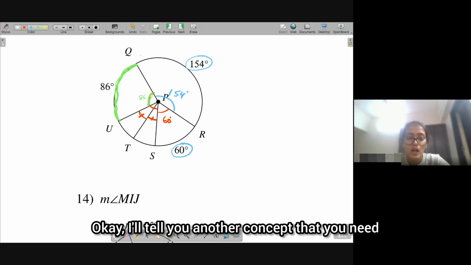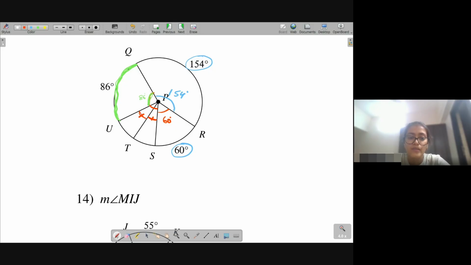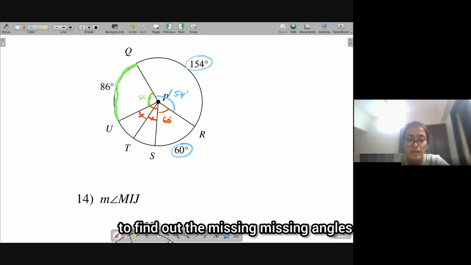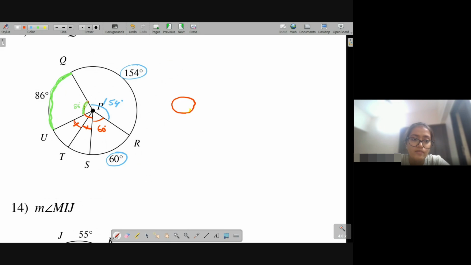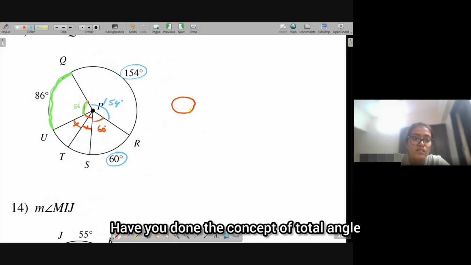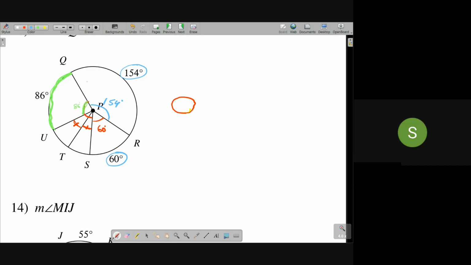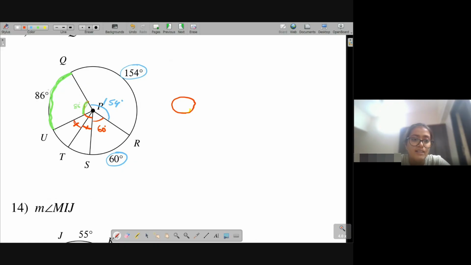Okay, I'll tell you another concept that you need to find out the missing angles. In a circle, you know what the total angle is. Have you done the concept of total angle? Would it be 360? Yes. So here, this is 60, this is 154, this is 86.